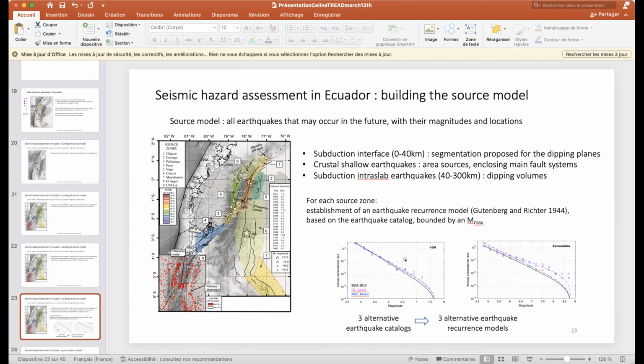You have 2 examples, Loja, one of the interface sources, and Esmeraldas, another interface source. For some sources, the catalogs led to similar models. For other sources, the 3 earthquake catalogs led to quite different seismic rates that we decided to propagate. We decided to keep this uncertainty, quantify it, and propagate it up to the final results.